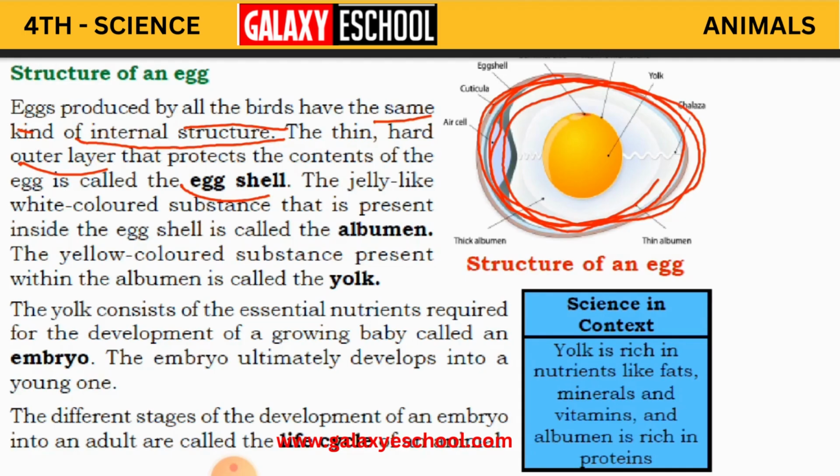In this part, it is more white, in the sense this is thick. And here, this part is light. So that is why the white colored substance which is thick is called thick albumen, and which is thin is called thin albumen.